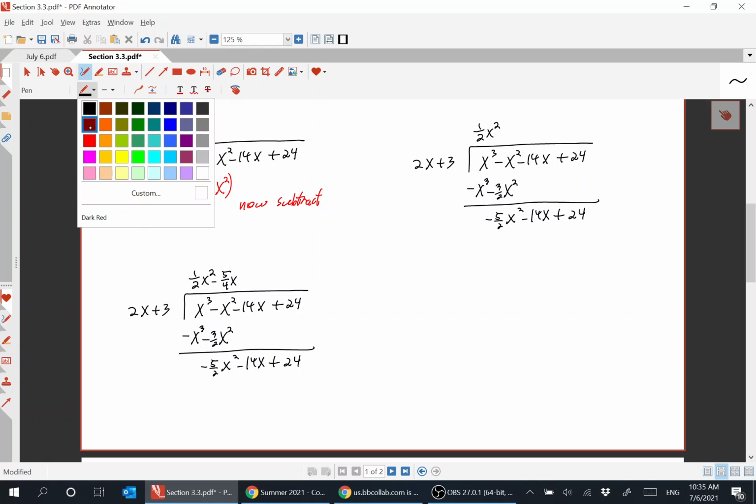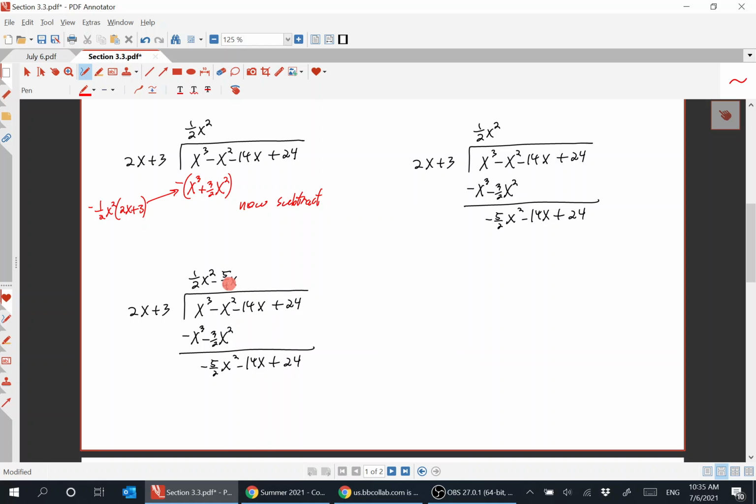So now I'm going to take this and multiply it by this whole polynomial. So this is minus 5/4 x times 2x plus 3. Right, so minus 5/4 x times the 2x is going to give me minus 5/2 x squared.